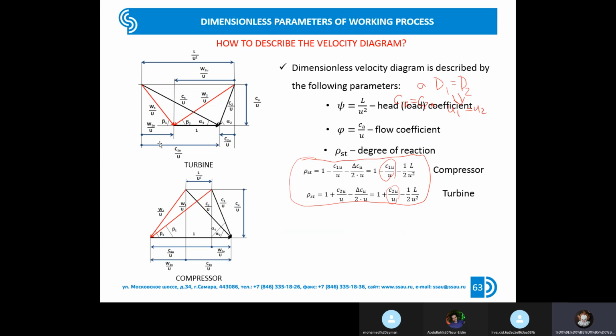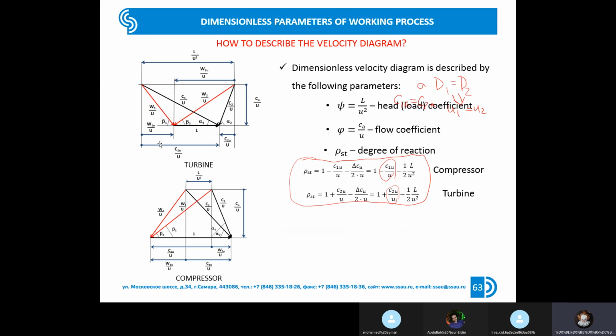And it said, I refresh the information, the relationship between the expansion work between the nozzle blade and rotor wheel, or compression work between the rotor wheel and guide wheel for the compressor. So, what does it mean?